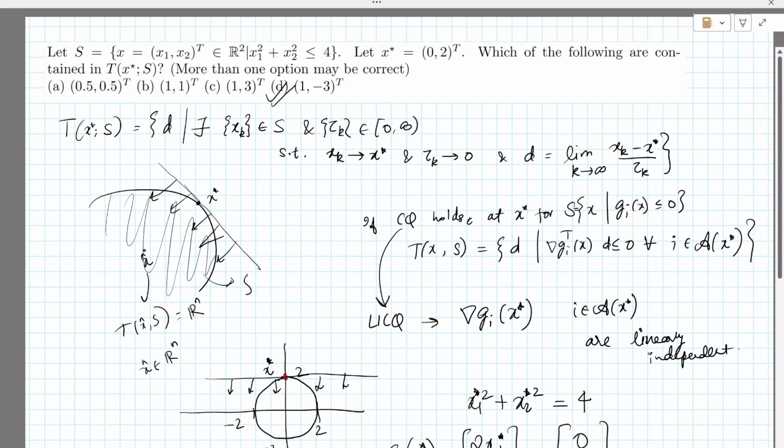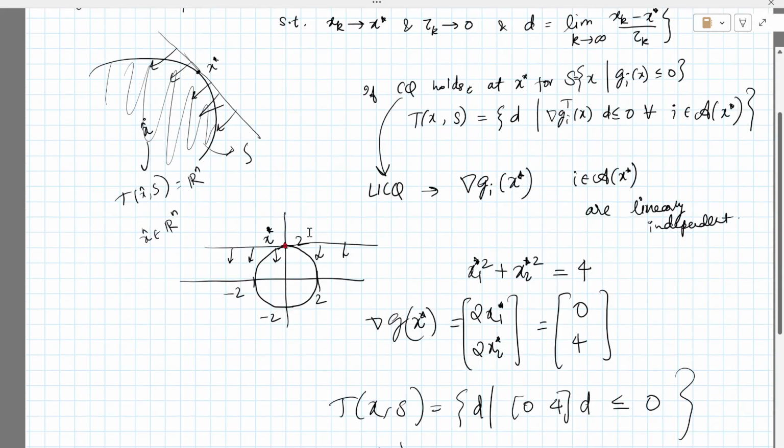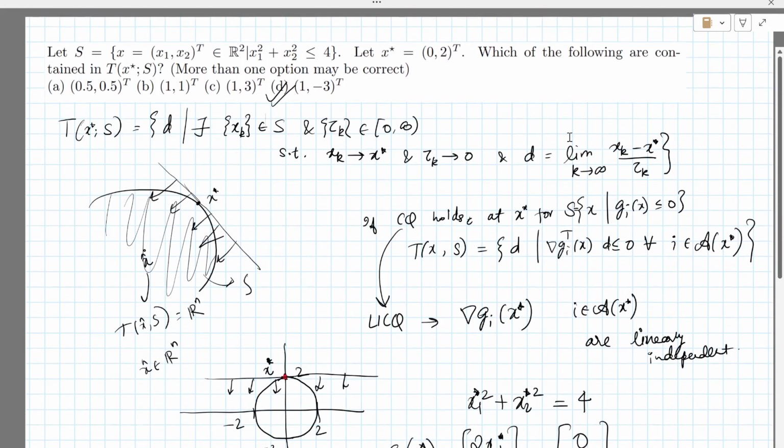D2 is negative, so this is there in the tangent cone. That is this question. Because there was only one constraint, we don't need to check for the linear independence of the gradients.